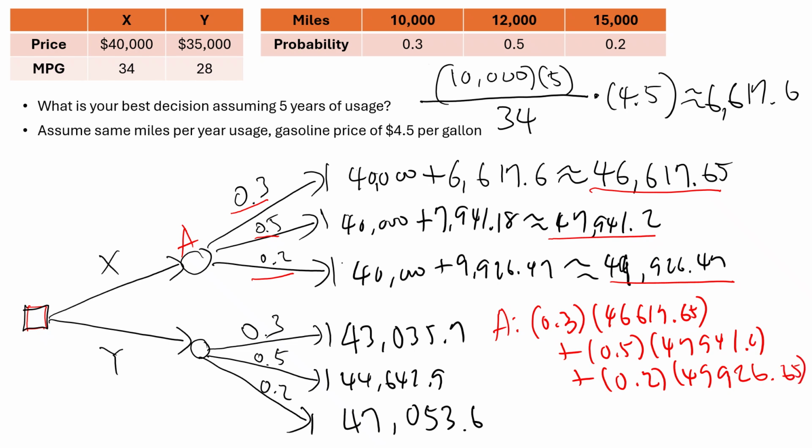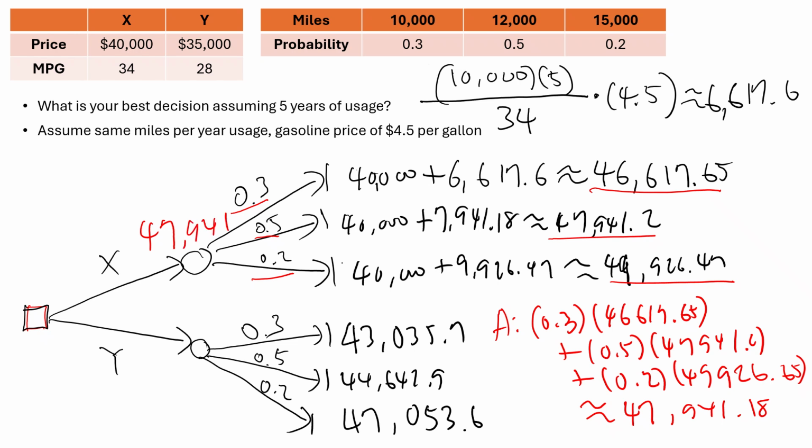Apologize for my poor penmanship here. And if you multiply this out, you're going to get approximately 47,941.18. Okay. So this value then is 47,941.